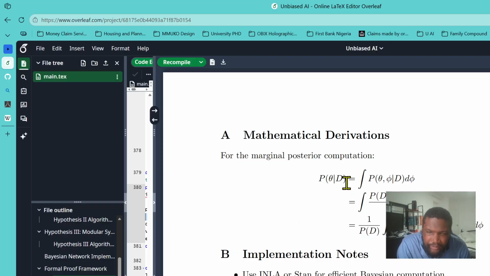Obviously, if you have a baseline for theta given D, the intuition of P(theta given the data set D), phi as one system given data set D, derivative equals derivative of D theta given psi times this is Bayesian. This is the Bayesian probability.